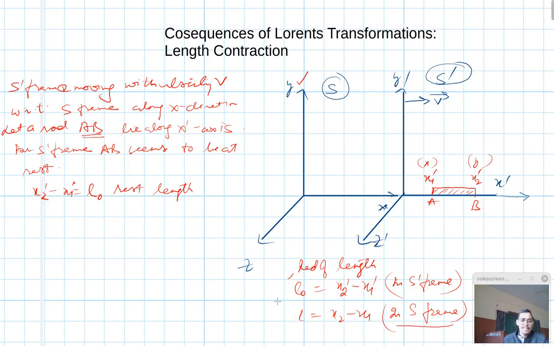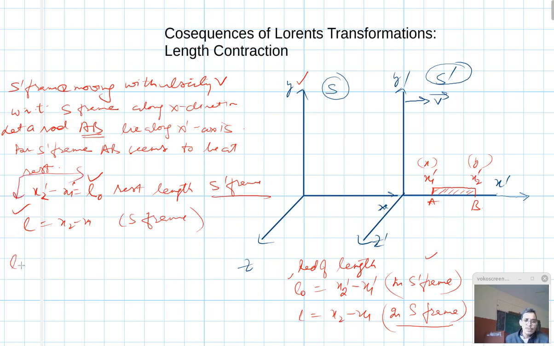L is the moving length, and L is equal to x2 minus x1, the length when observed from the S frame, right? That's what I have written here. My objective is to relate these two.